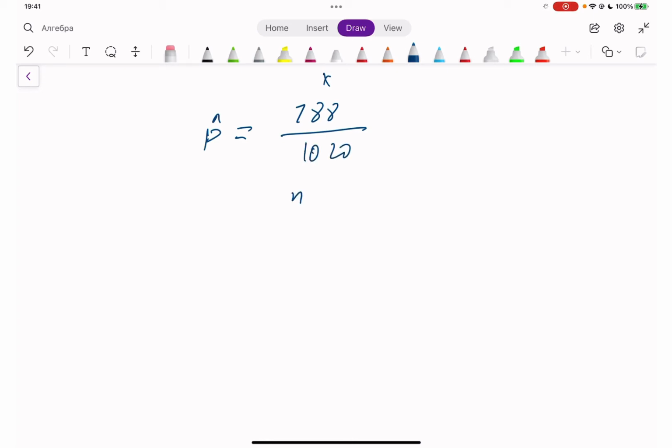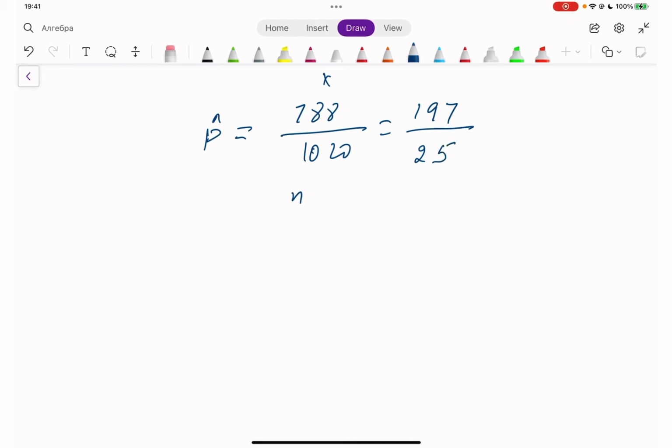This is our n. So how much can we reduce by? Let me check here something. Reduce by 4. It's going to be 197. And by 4, it's 2 times 4, 8. The remainder 2. 22 by 4 is 5.